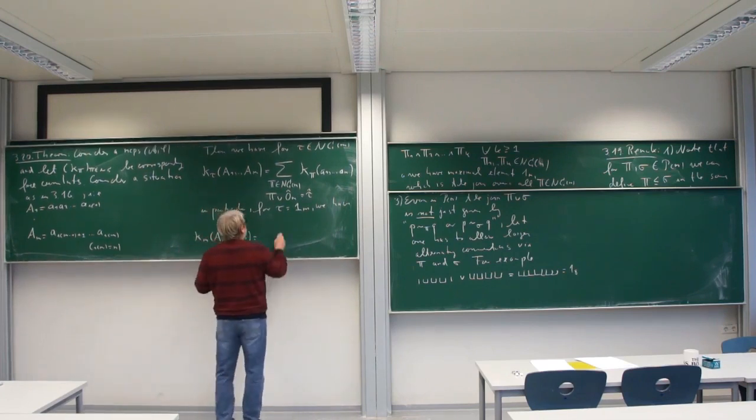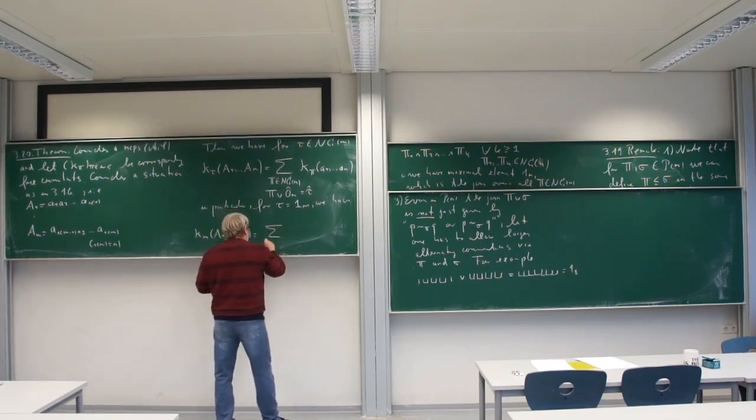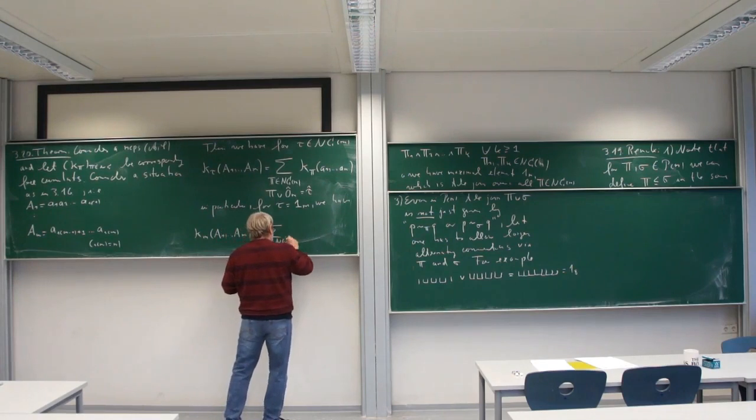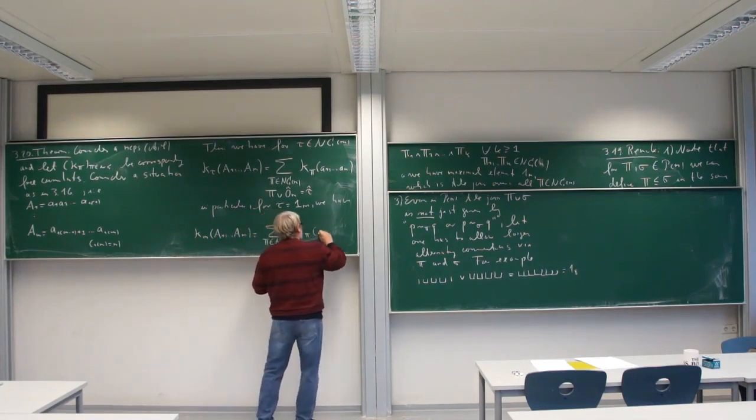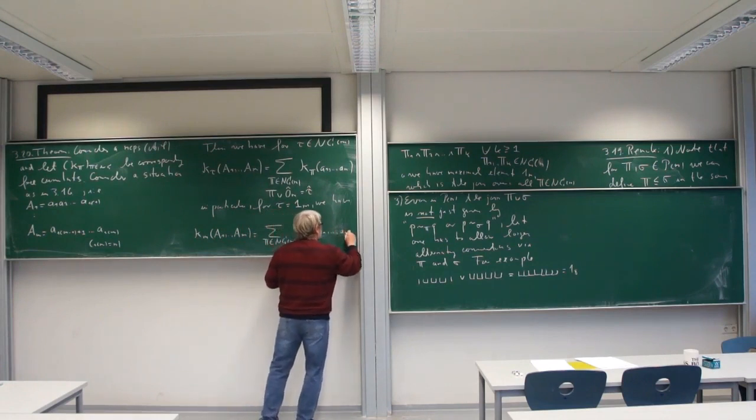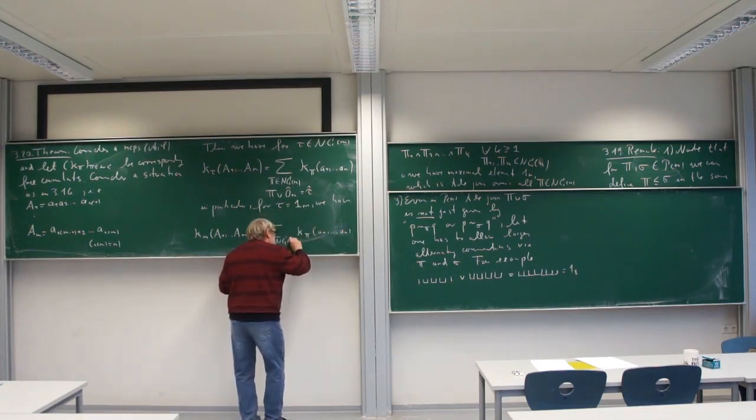This is given by summing over non-crossing partitions of m elements. So here I have kappa pi of a1 up to an, where this is also n.